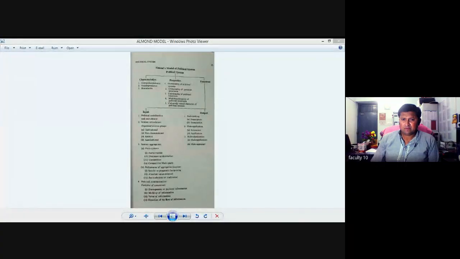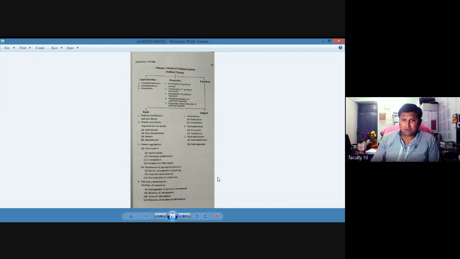Now let me show the diagram of Almond's model. You can better understand from there. Now you can see, I don't know whether you can see it properly or not.